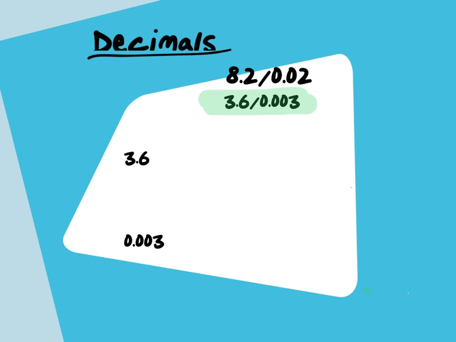So you've got 3.6. We're going to multiply that by 10 to get 36. So we've moved that over 1 decimal place. And in the second circumstance, what we've got is 0.003. We've moved that over 3 places.